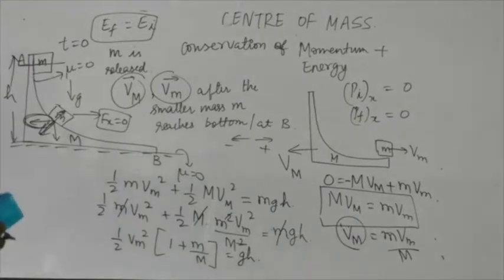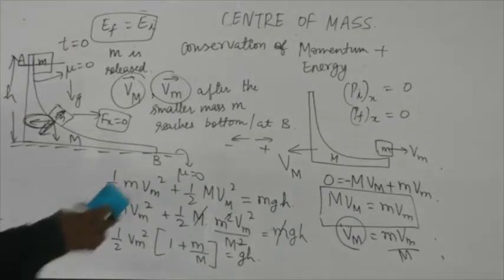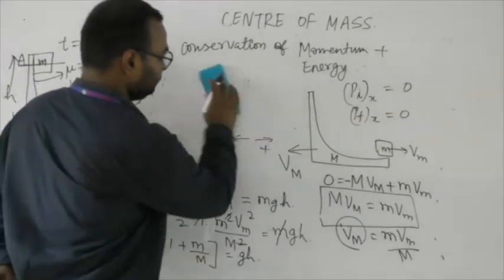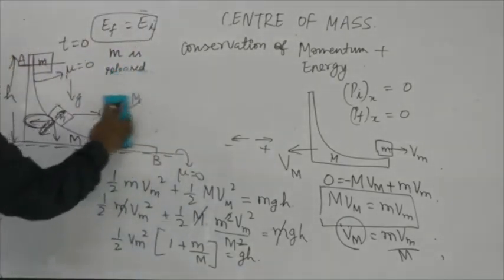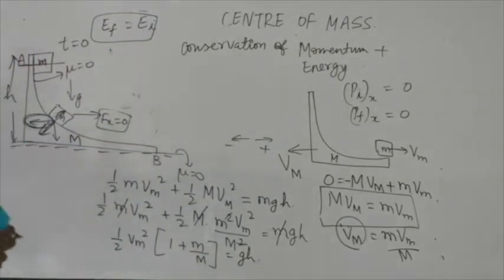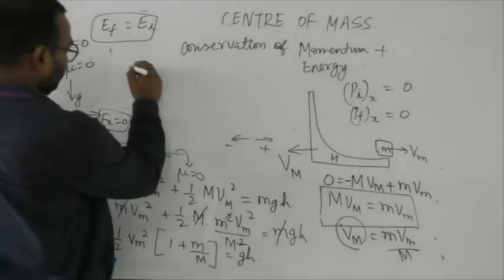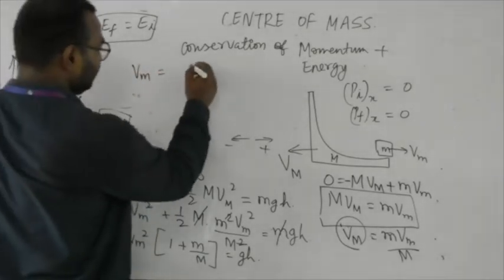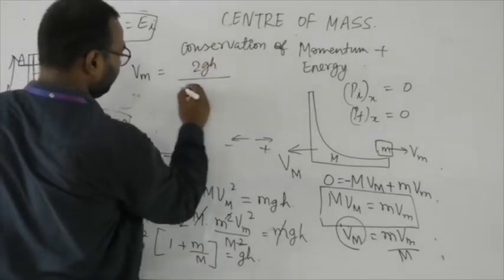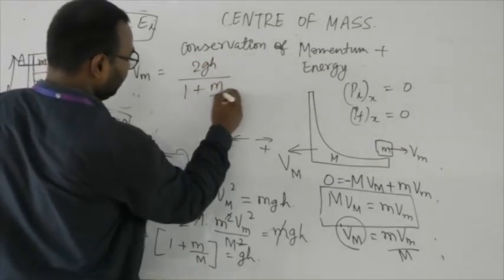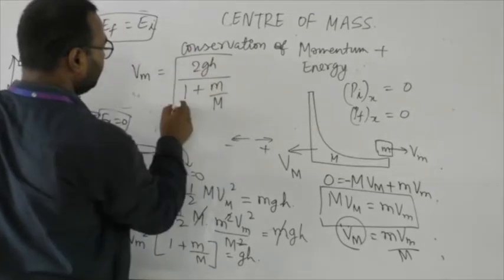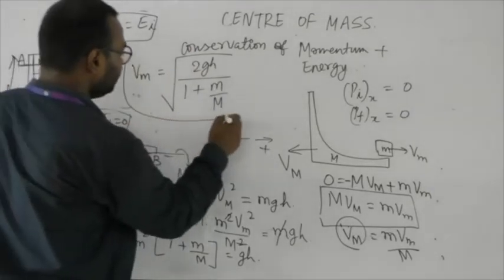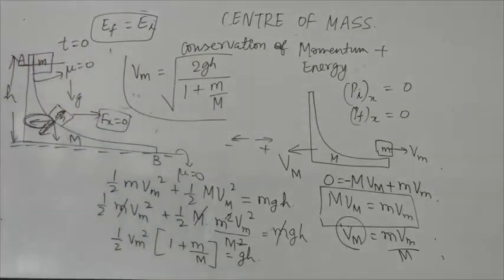Now you can write v_m as the root of 2gh upon 1 plus m upon capital M. This is the velocity of the smaller block m.